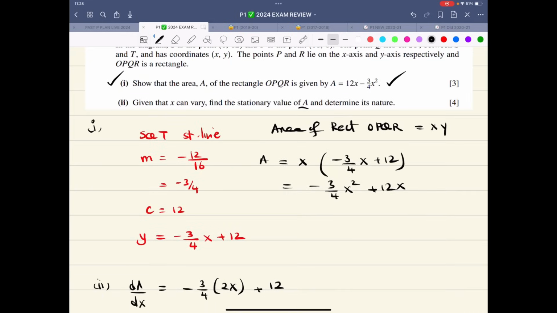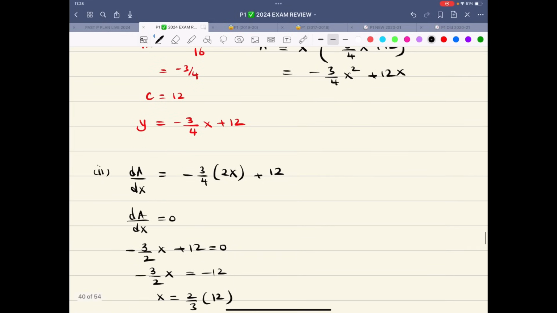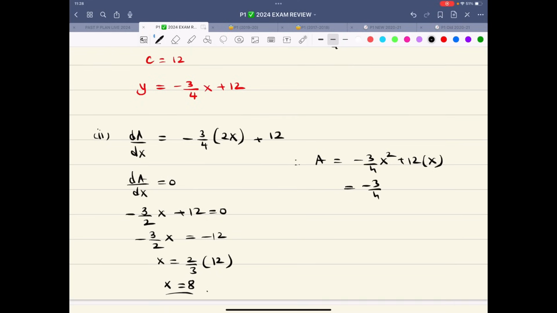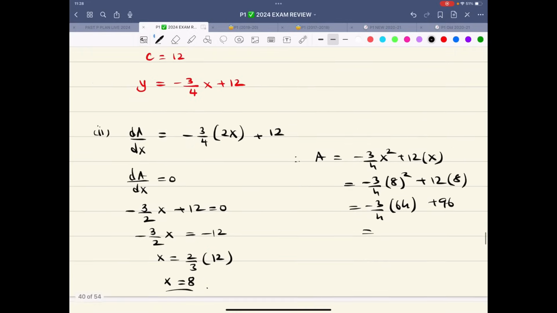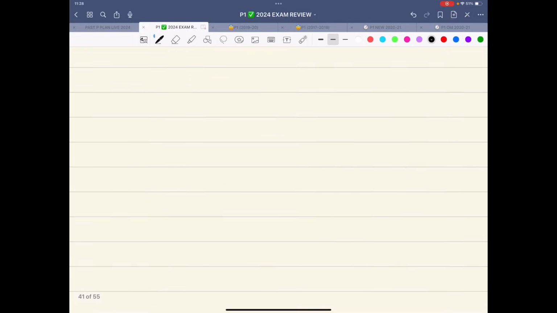But we need to find the stationary value of A. So therefore A is negative 3/4 x square plus 12 into x. So that is negative 3/4 into 8 square, which is negative 3/4 of 64. And this is 12 into x, that's 12 into 8, which is 96, and we get this value. What about determining the nature? Let me add a page over here.